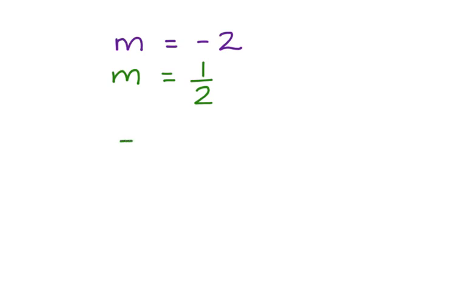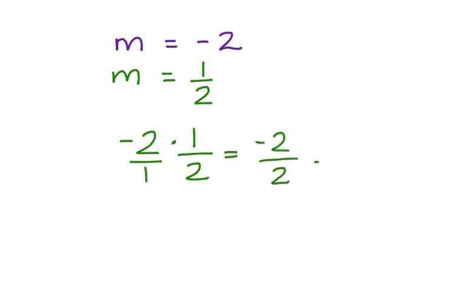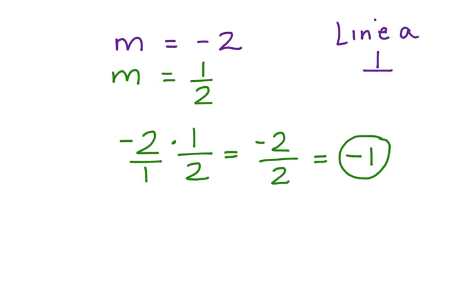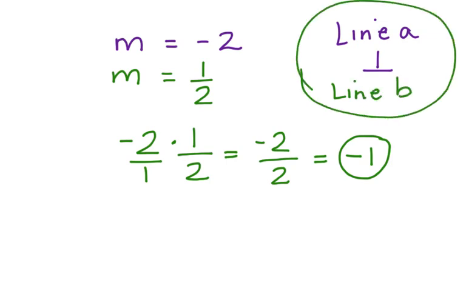Now let's multiply them. -2 times 1/2, we could put -2 over 1, is -2 over 2, which is equal to -1. This proves that line A is perpendicular to line B. And our work is now complete.